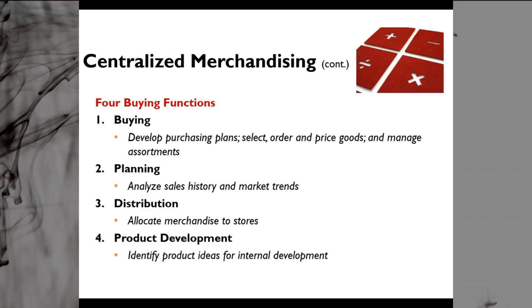At the same time, you will see some private labels, such as Target has Archer Farms, and at Walmart, you can see Great Value. These are products you can only buy from these retailers. This private label is developed based on the company's product development. So you also have to identify your own product for your customer.